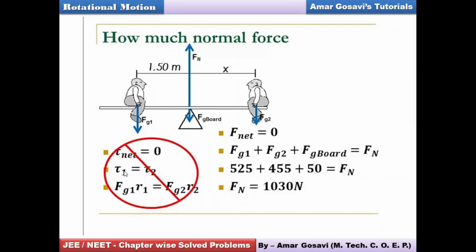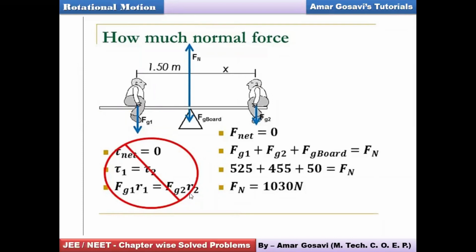But what is tau 1? Tau 1 is the moment of force because of the first person. So Fg1 multiplied by whatever this distance R1 is. R1 is 1.5. So you know Fg1, you know R1. Similarly, tau 2 is the moment of force exerted by this person. So that is Fg2 multiplied by the moment arm. What is the moment arm? It is x, this is what we have assumed.